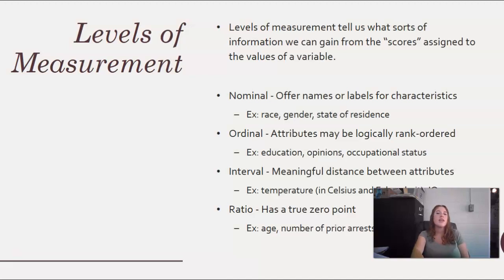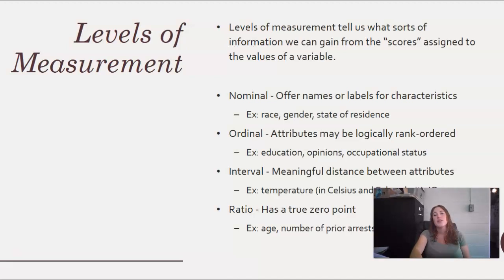Then we have interval measures, where there's an actual meaningful distance between these different attributes that we have. And temperature, I know, is not necessarily a criminal justice measurement, but this is one of the best ways to explain what interval level measures mean.